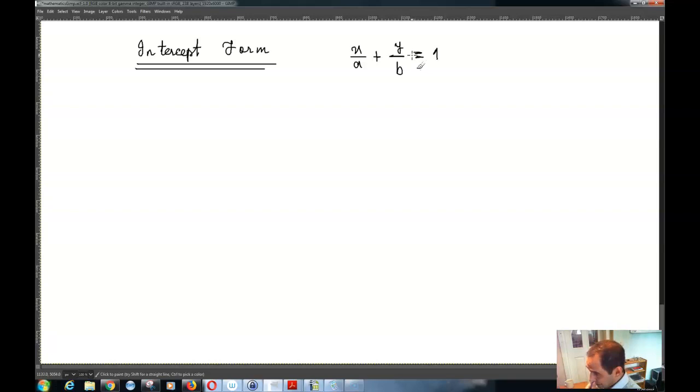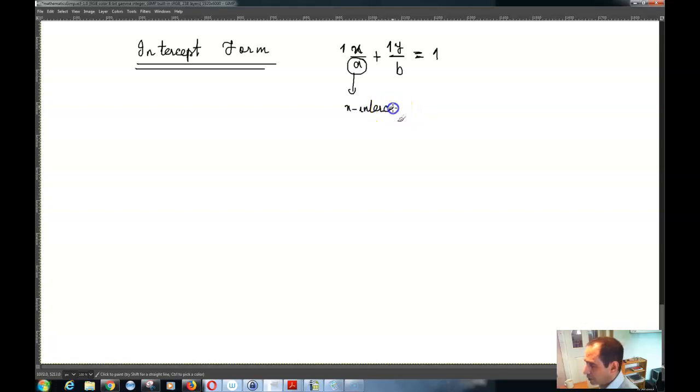That means that when the equation of the line is written in this way, meaning that the coefficient of x is 1 and the coefficient of y is 1, then the number that you find down here is your x-intercept.